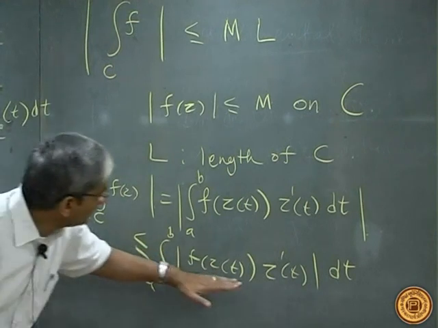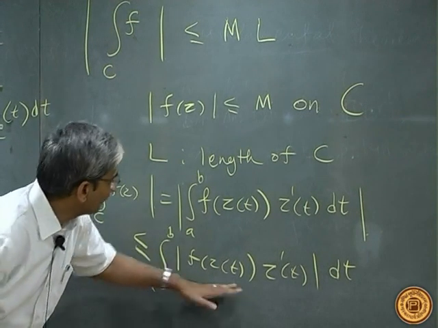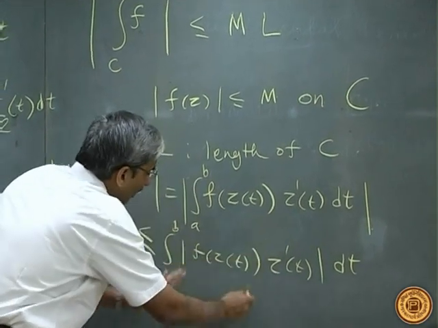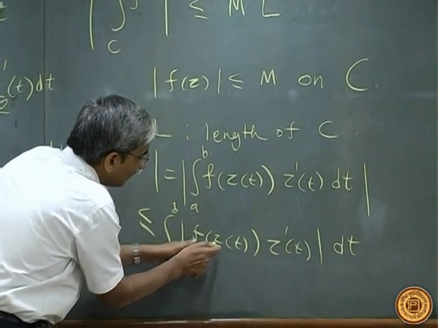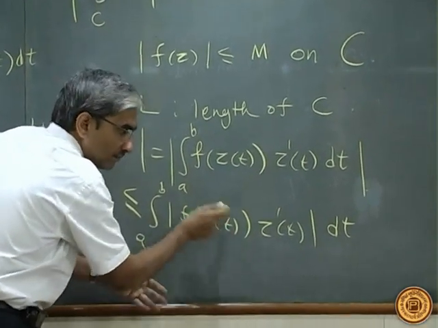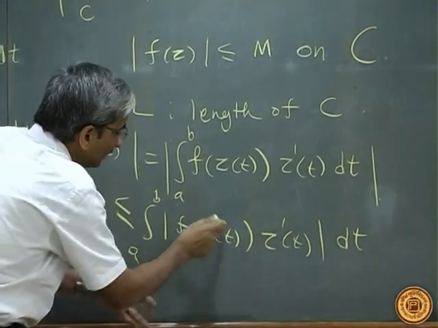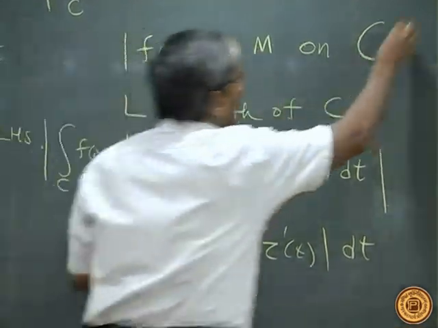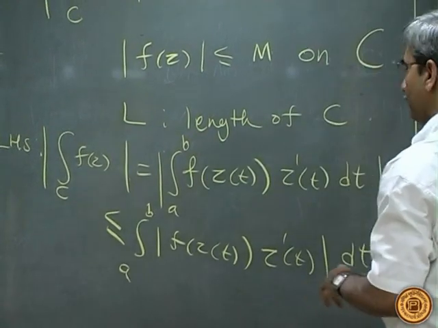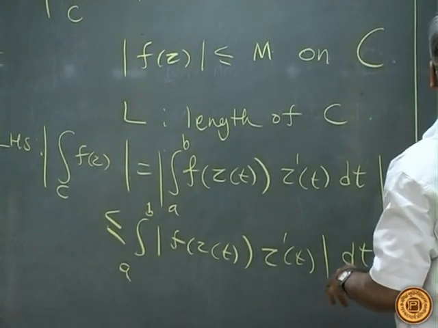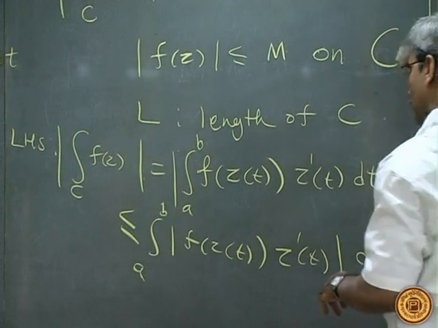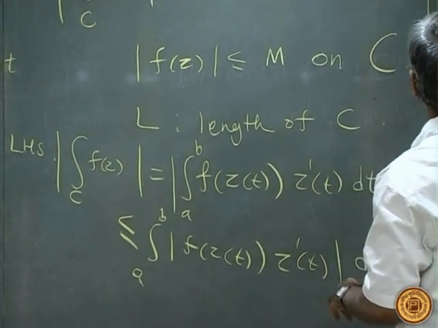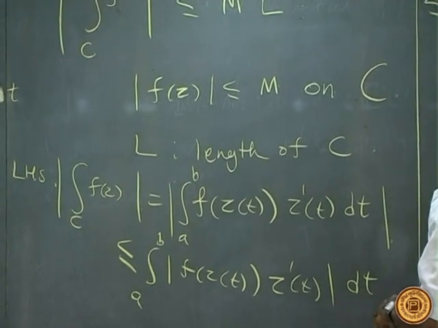Now, mod f(z(t)) is less than or equal to M. So, this I can certainly write mod of this into mod of this. But this mod f(z(t)), that means f is taking values on the curve, because this is the contour C. So, this is less than or equal to M. So, the entire part I can take out and say less than or equal to M. So, this is less than or equal to integral from a to b, M I will take outside, and mod z prime t dt.